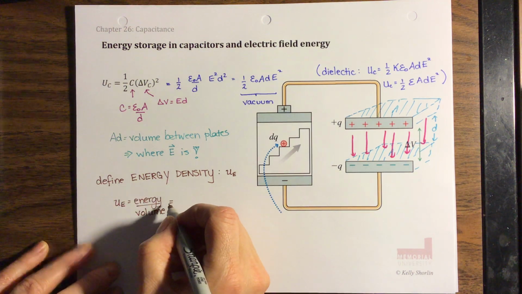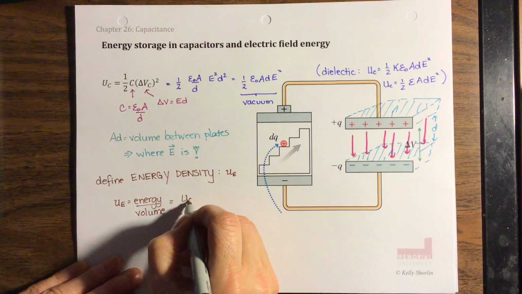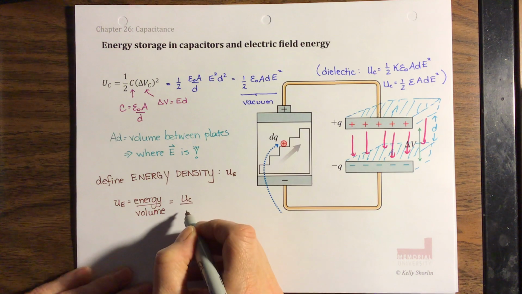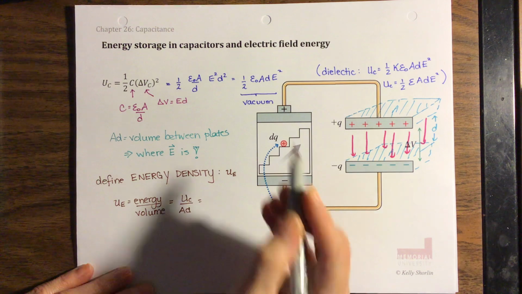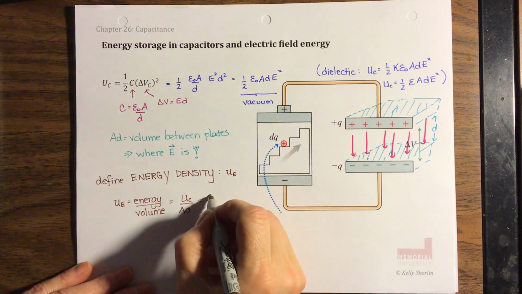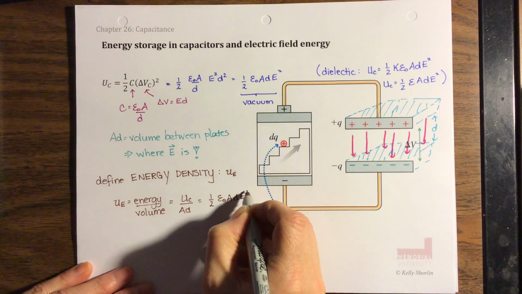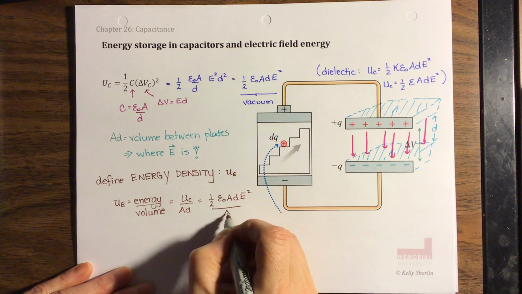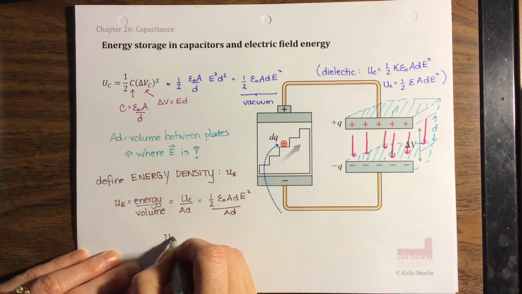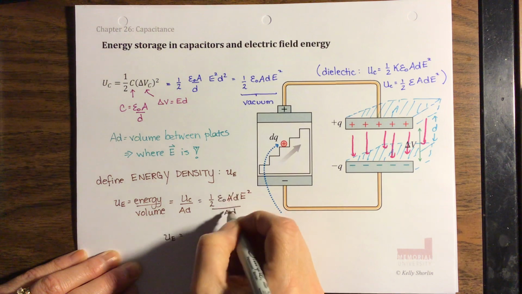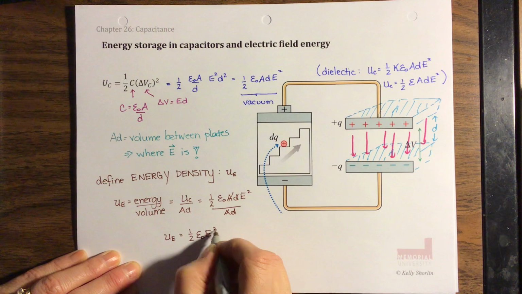So my energy is my expression from up here, UC, my electric potential energy of a capacitor, divided by the volume, which is A times D. So I'll take my expression 1/2 times epsilon naught times AD times E squared, divide that by AD, and what I get from my result is that my energy density is equal to, so my AD's cancel, 1/2 times epsilon naught times E squared.